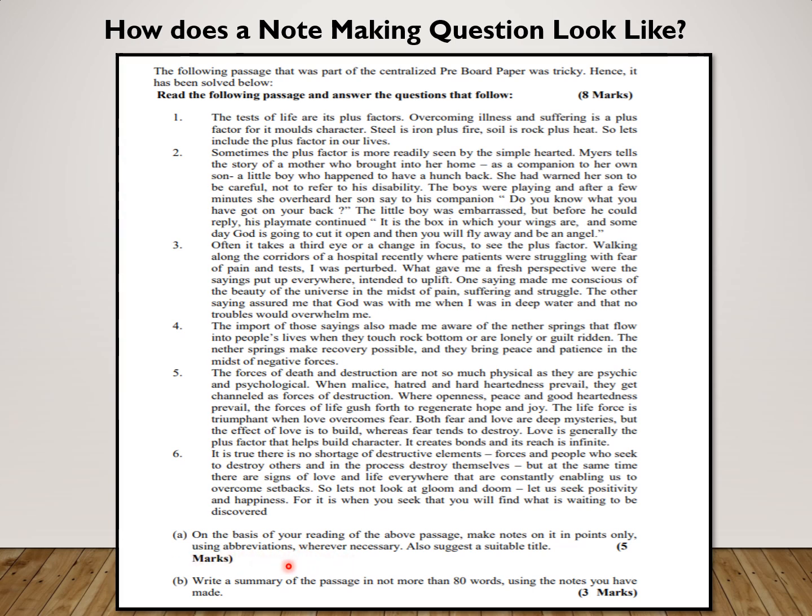The first question would be where you are required to make notes and points only with abbreviations, and the second question would be to make a summary of the passage in not more than 80 words. So this is the interface of the question. That is how it would appear in your question paper.